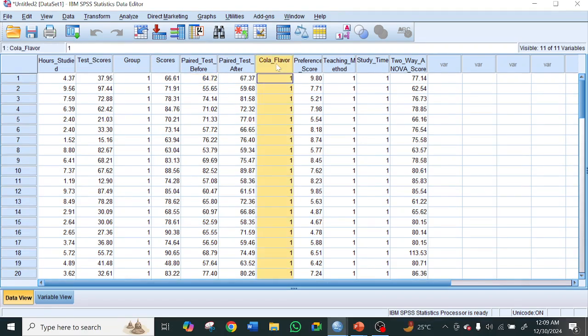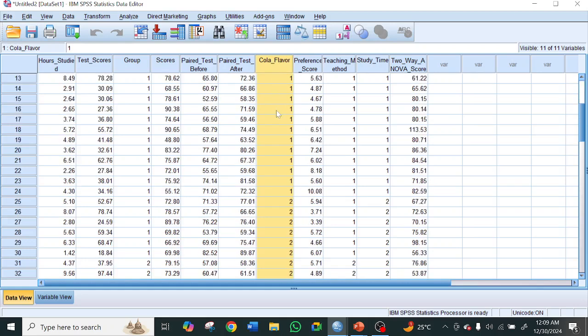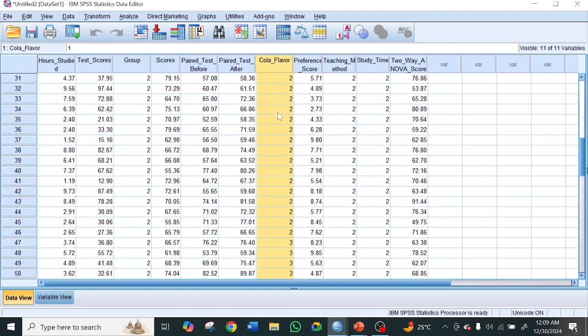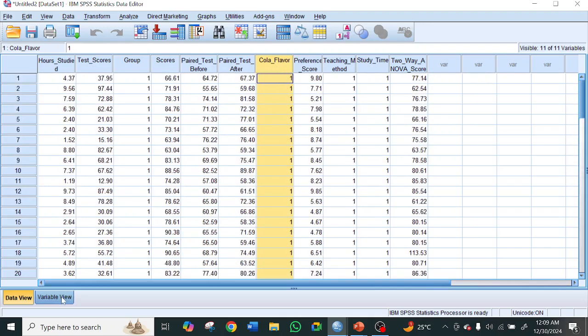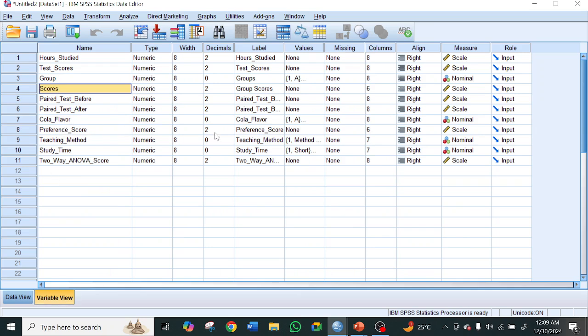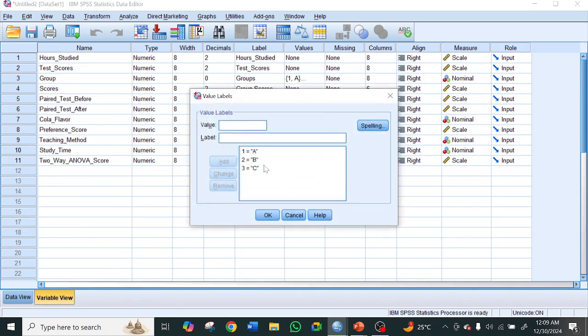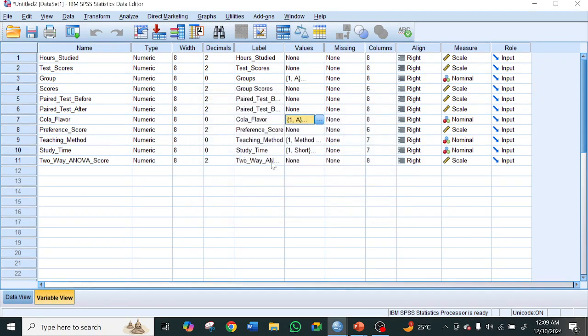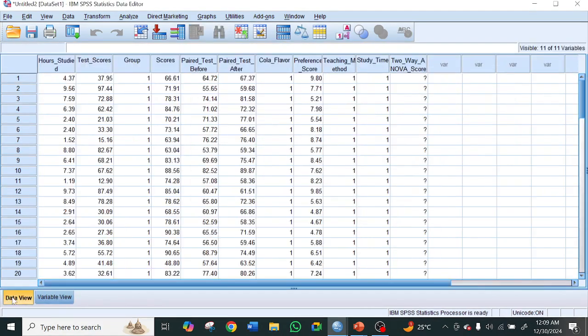I have the cola flavor, then I have the preference score, like how people prefer different flavors of a particular drink. The different flavors, we have one, two, and three, and I have labeled them in my variable view as flavor A, flavor B, flavor C. That's what I just did for better understanding.